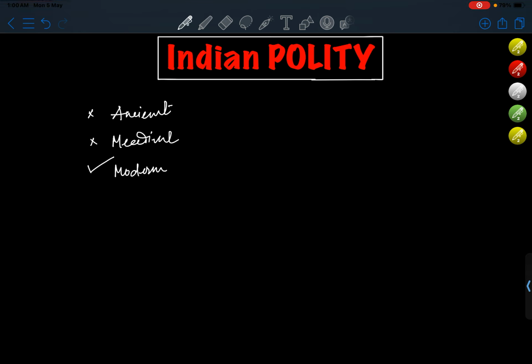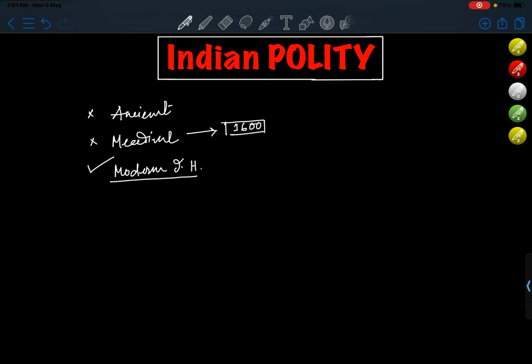In modern Indian history, in the latter part of medieval India, around 1600, the sea voyagers from different parts of the world were in search of land, traveling in search of land or business.